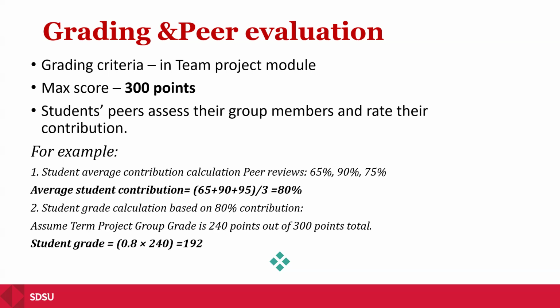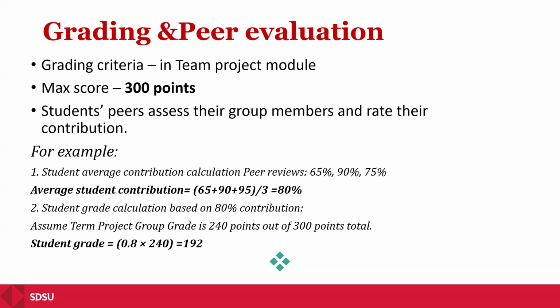And here is an example. So, for example, team has 4 people, and team has 3 people in this case. Peer evaluation for each person is for one person, say another member gave one person 65%, second member gave 90%, and third member 95%.